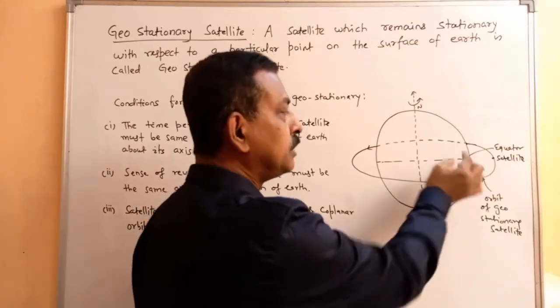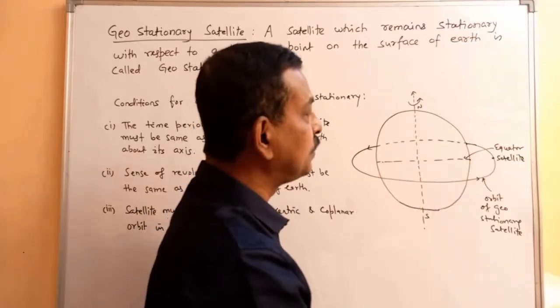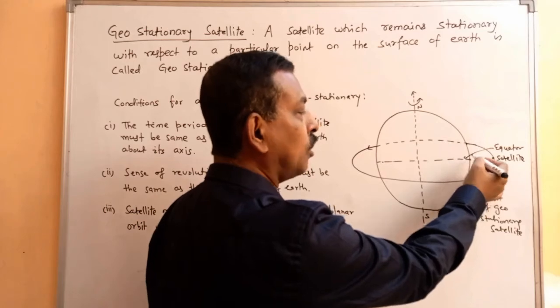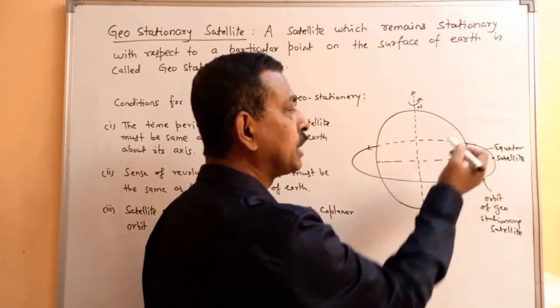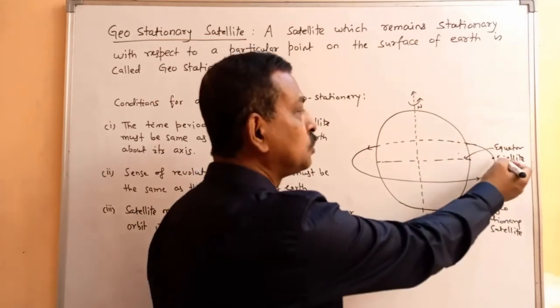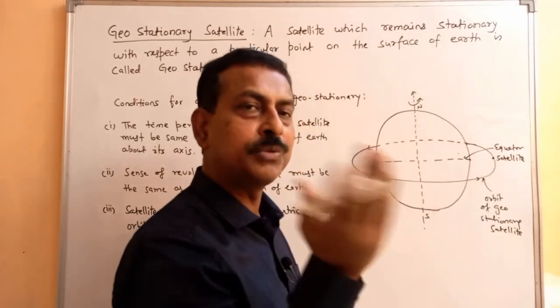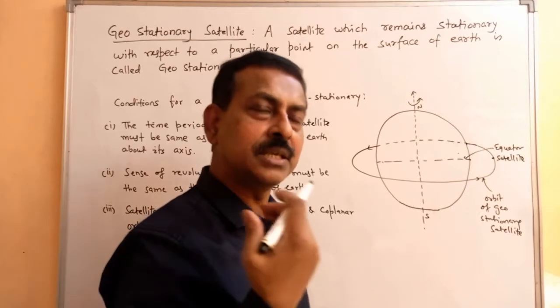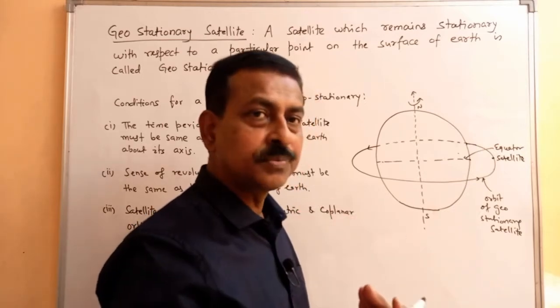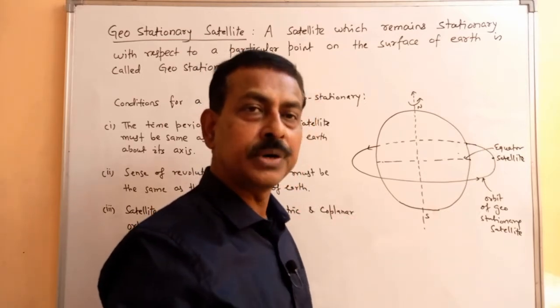Just after a small duration of time, the particular point here on the Earth's surface will move somewhere here, whereas this particular satellite will take position here, because they are moving in opposite direction. Their sense is opposite. So in that case, it will not be overhead.